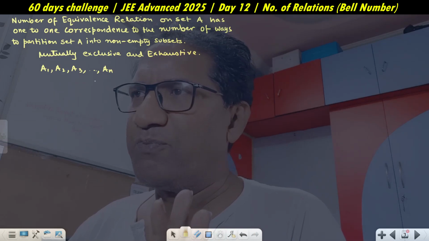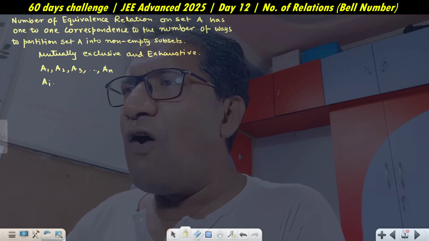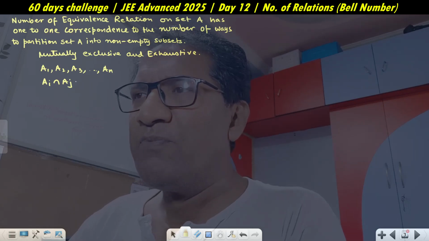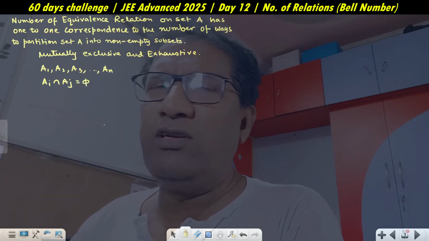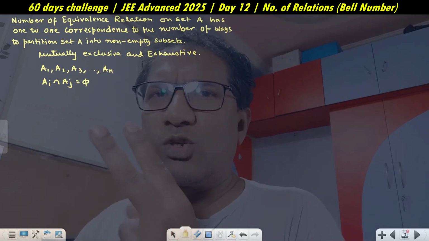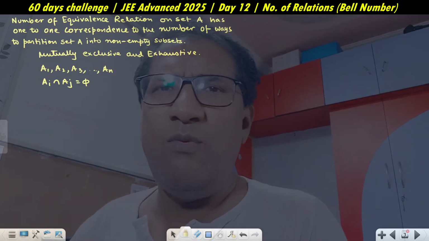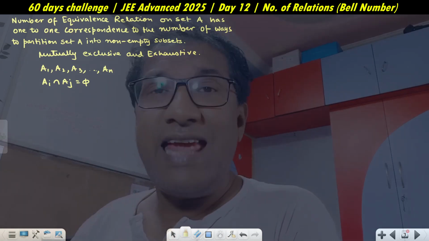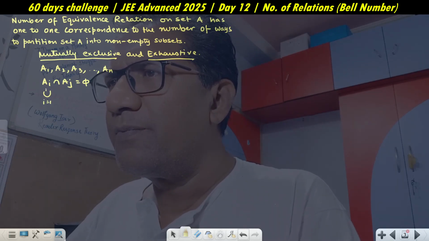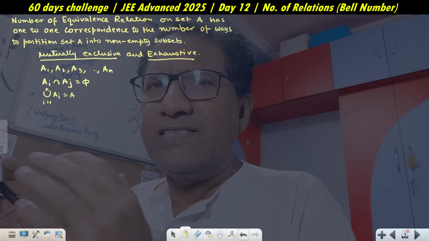All are non-empty. Mutually exclusive means that if you choose any two subsets, there will be no common element. That is, these two subsets will be mutually exclusive or disjoint subsets. And what is exhaustive? The union of all those subsets will be equal to A. So this is the theorem.